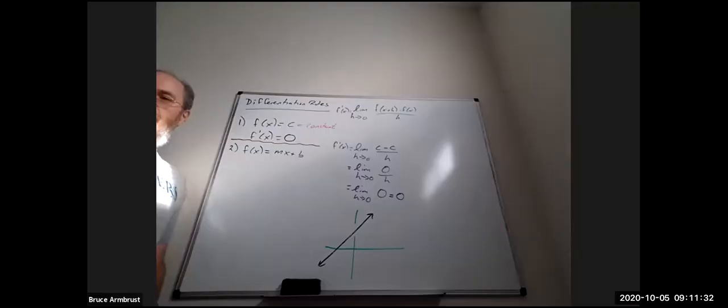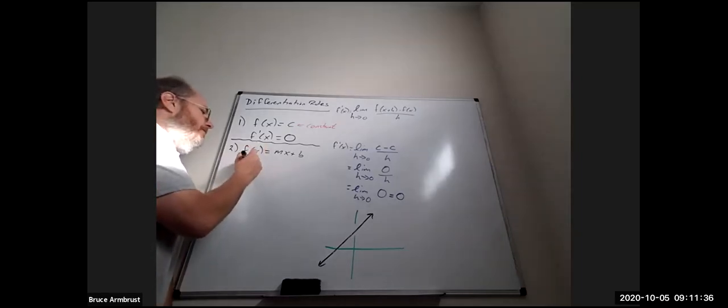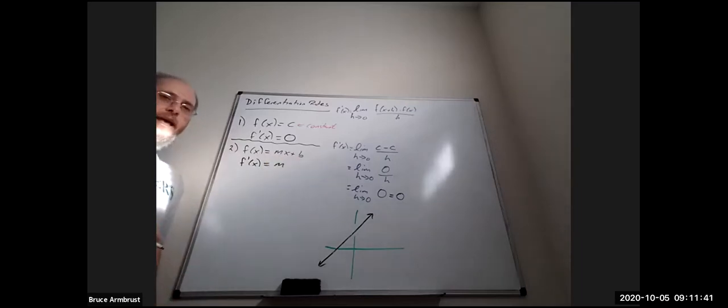Or if we have the formula, like Mariola just said, it's m. It's that slope. So the derivative of this thing is equal to m. So if you ever have a linear function, its derivative is always m. It's always the slope, because the derivative is the slope.